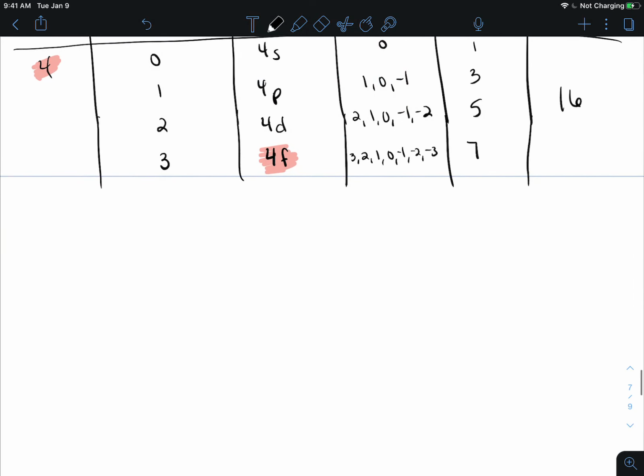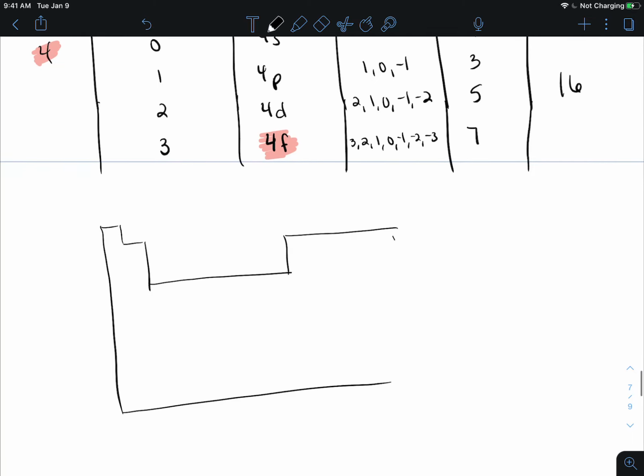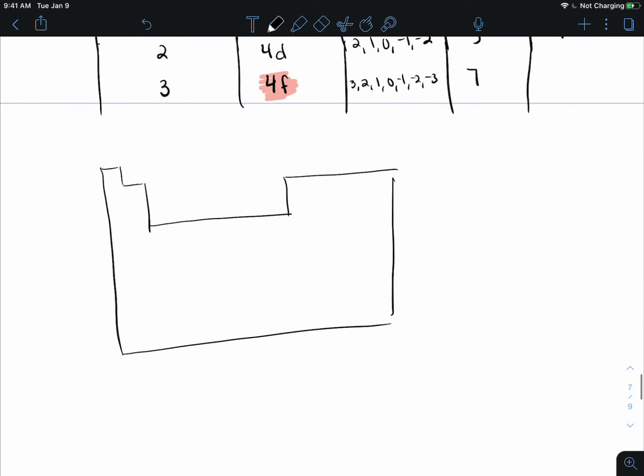So if we look at our periodic table, we can actually very easily give designations to everything within it. Basically, if we look at an atom, we can determine where the outermost electrons are, what subshell they're in.